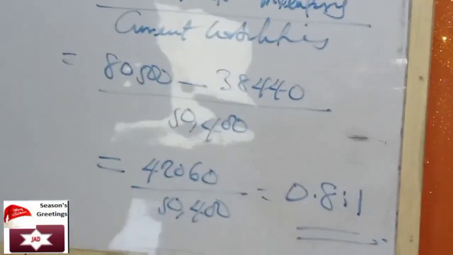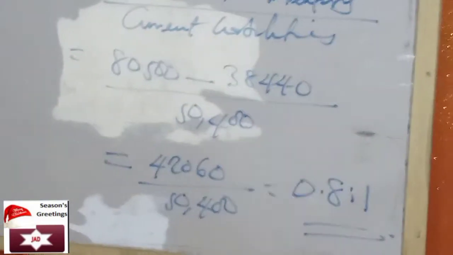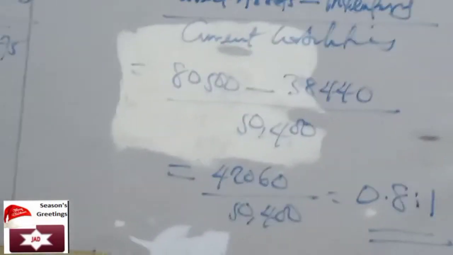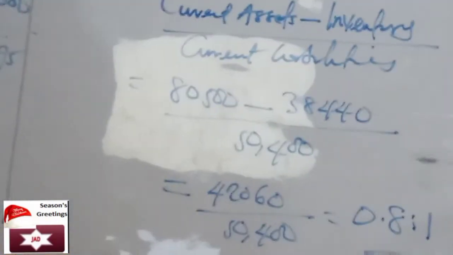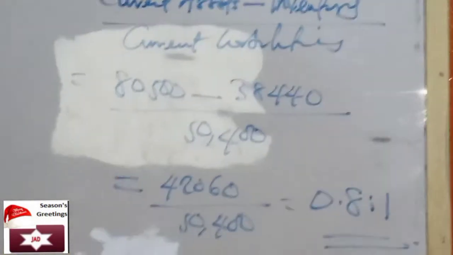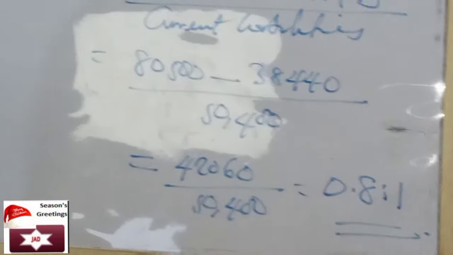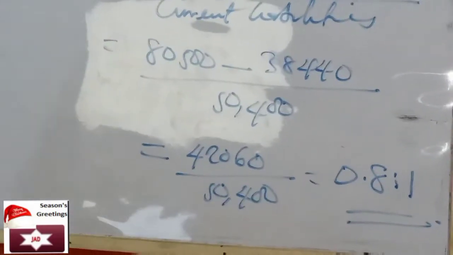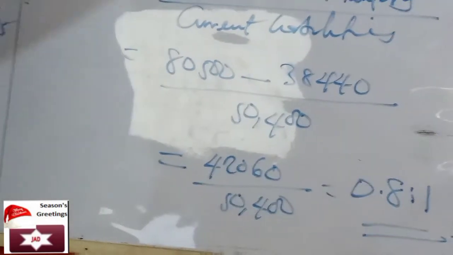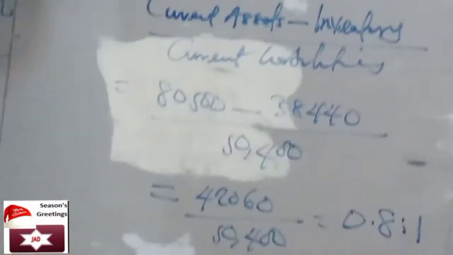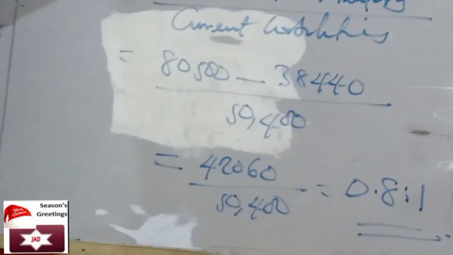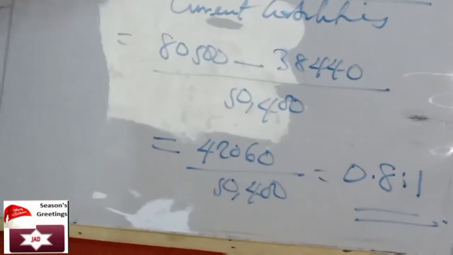So the business is less than 1 times capable of meeting its short-term obligations. What I was saying is that, assuming we cannot make sales out of inventory, how capable is the business to meet its short-term obligation? Theoretically, current ratio is 2:1. If the business is 2 times capable of settling its short-term obligation, we'll say the business is doing well. But here it is 1.6, fairly.